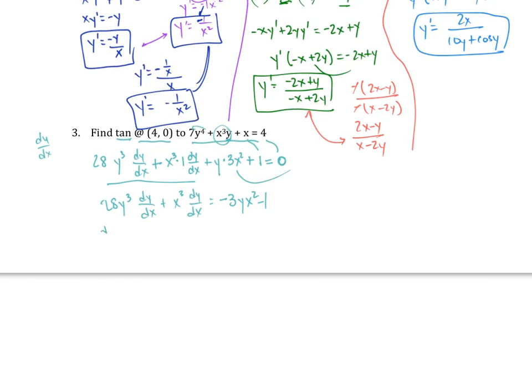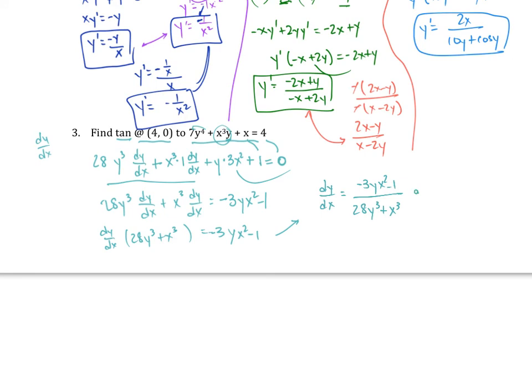Taking out a dy dx, I'll be left with 28y cubed plus x cubed equals negative 3yx squared minus 1. Solving this for dy dx would yield negative 3yx squared minus 1 all over 28y cubed plus x cubed.